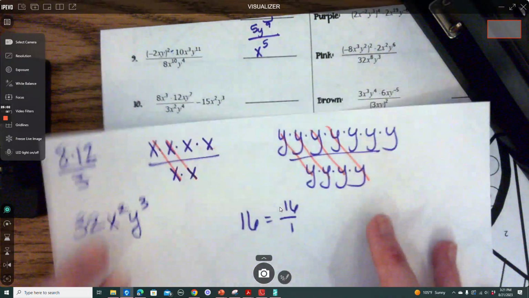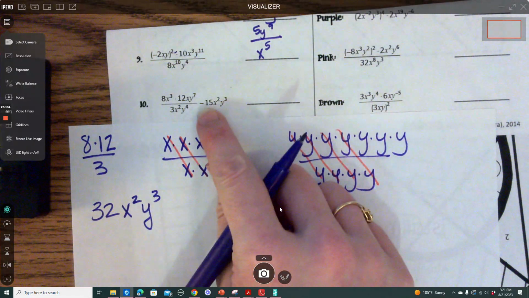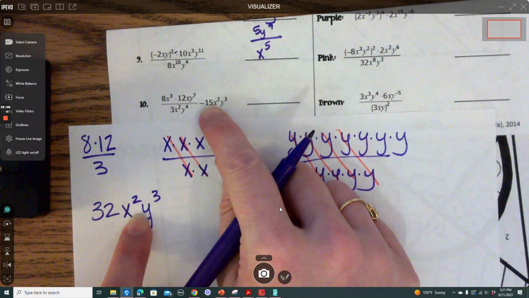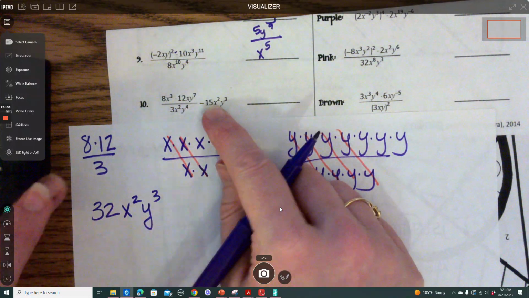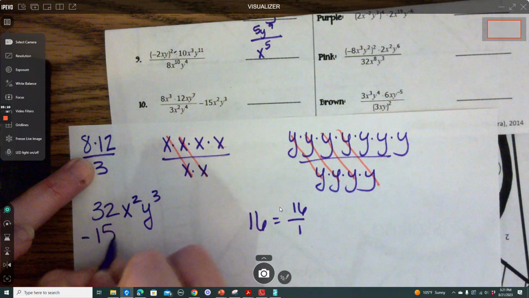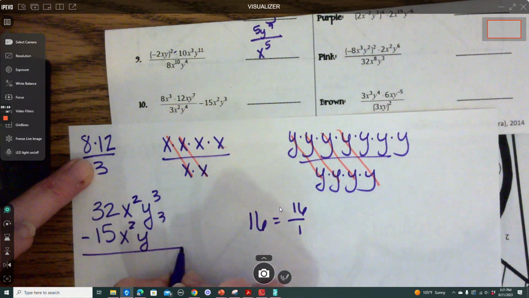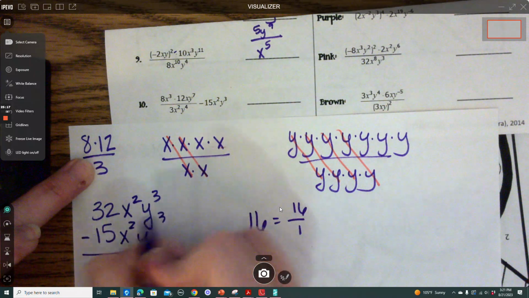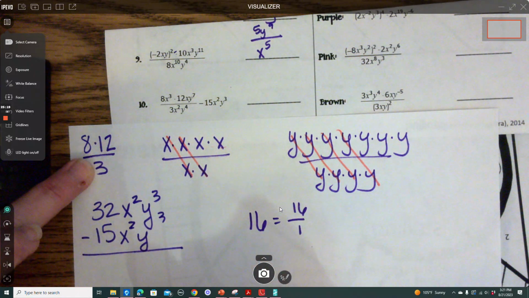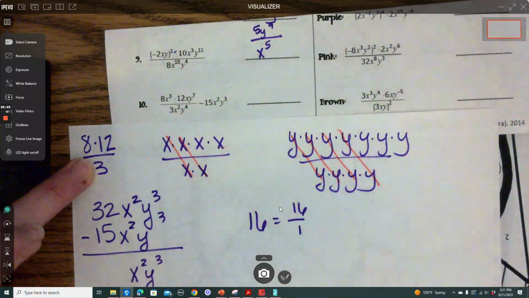Okay. So now the subtraction. Remember what I said about the addition or subtraction? The letters and numbers have to match. So minus 15 x squared y cubed. Again, I can't do this unless everything matches up. If everything matches up, the letters and the exponents just drop down.